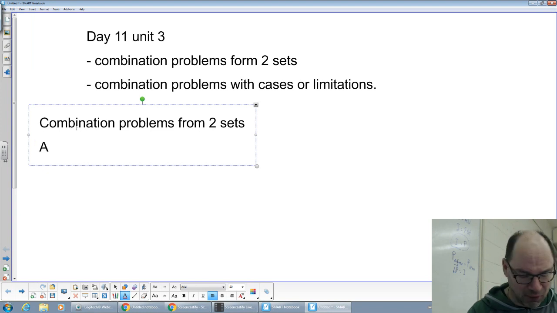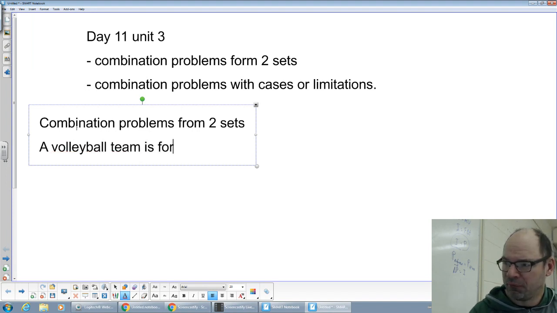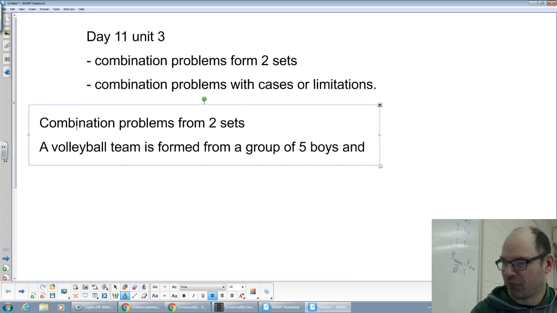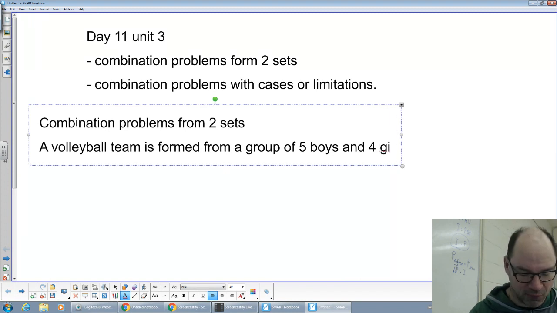So let's say a volleyball team is formed from a group of 5 boys and 4 girls, so that they're distinct.